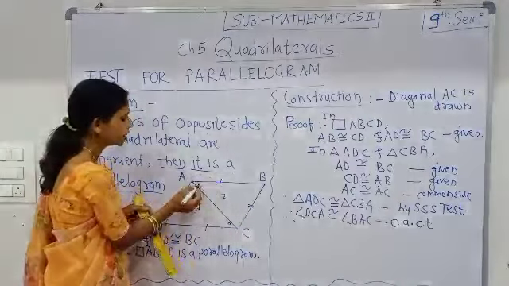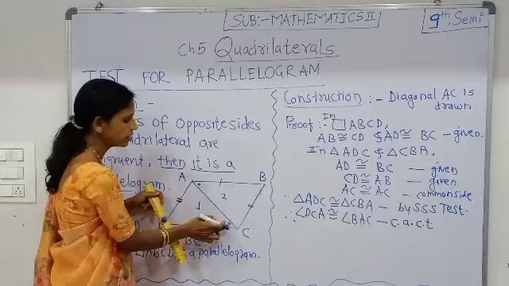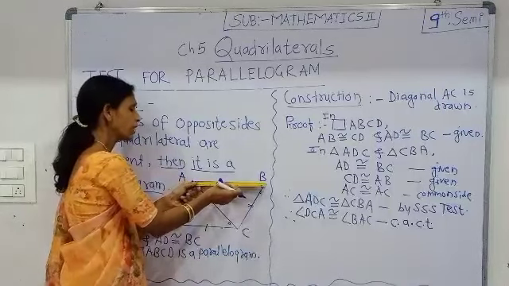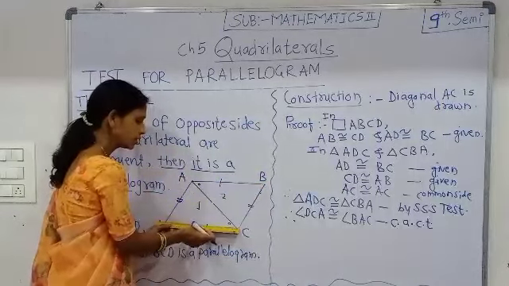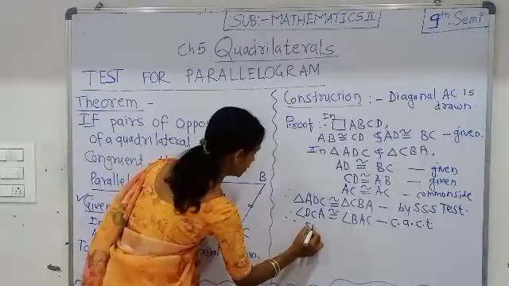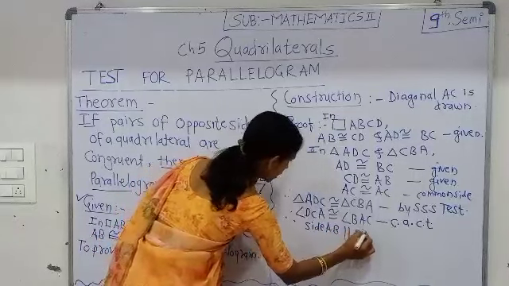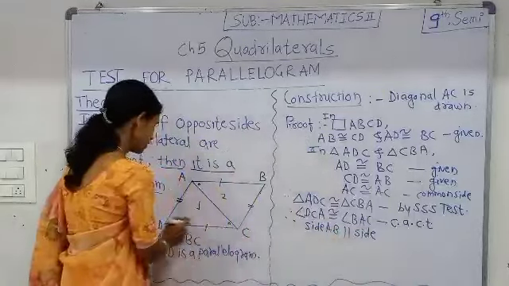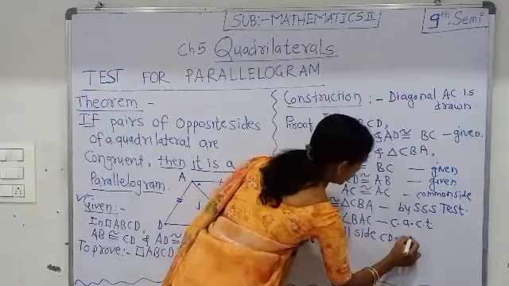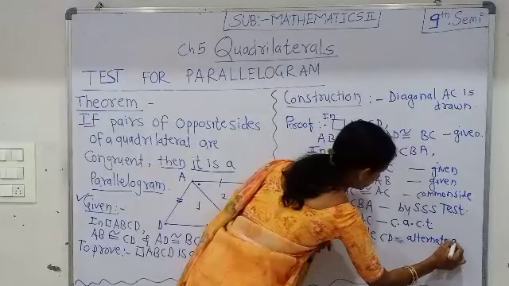Those two angles are alternate angles, and alternate angles are congruent. Therefore, side AB is parallel to side CD, because of the alternate angle test.